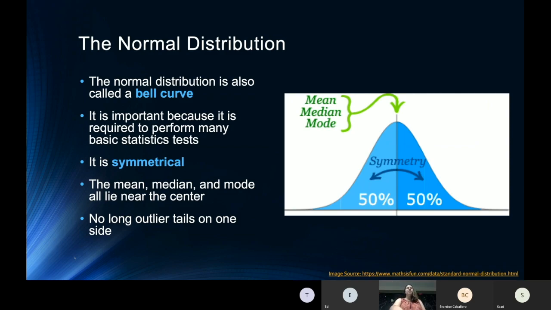And as it's showing here, if you draw a line in the middle of it, you're going to have about 50% of your data on one side and 50% of your data on the other side. So the thing that we were seeing with lots of outliers, there are some outliers in this, but there's about the same on each side. That's what you would want to see.